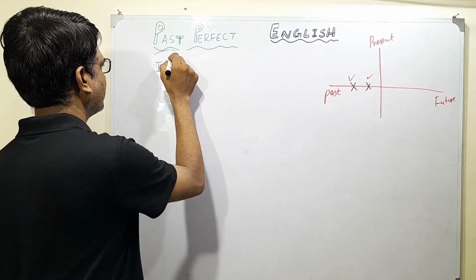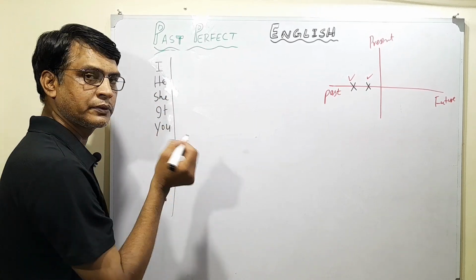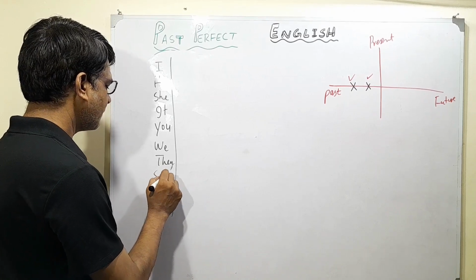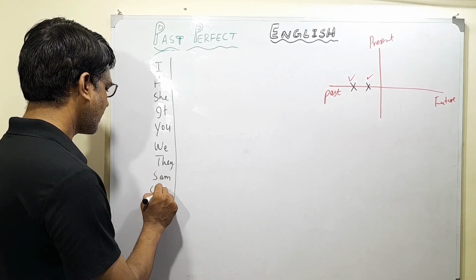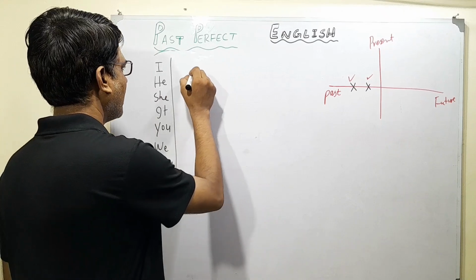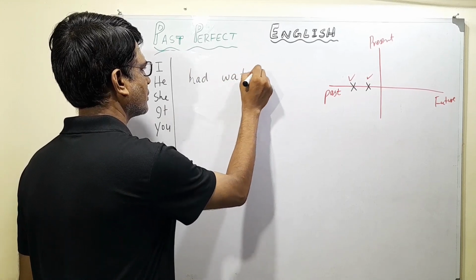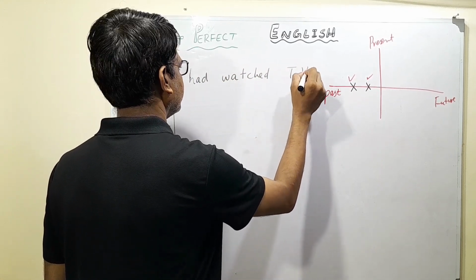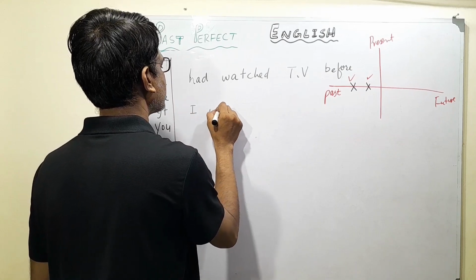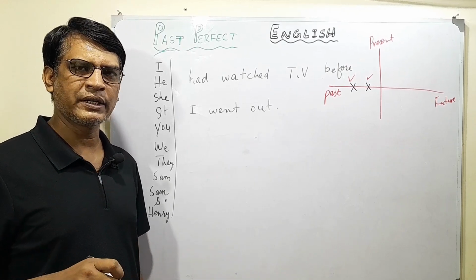Whatever the subject we have, whether it is I or he or she or it or you, or we, or they, or an individual like Sam, or for example, two people like Sam and Henry, in every case, we'll say I had watched TV before I went out.